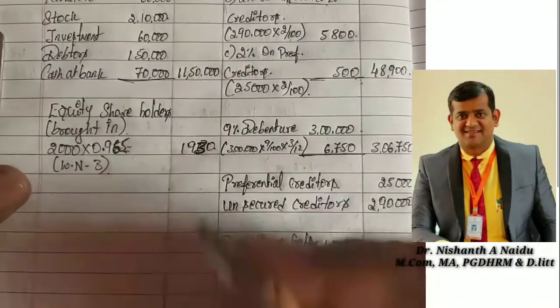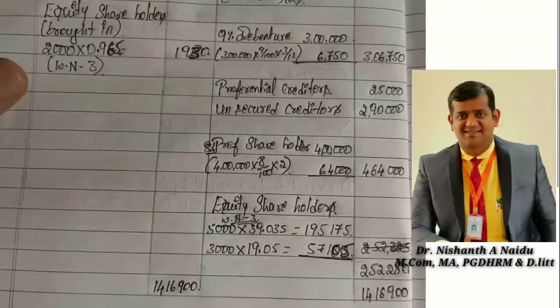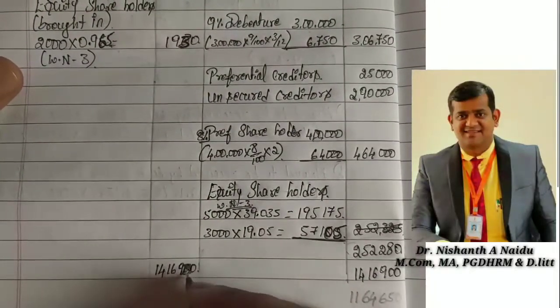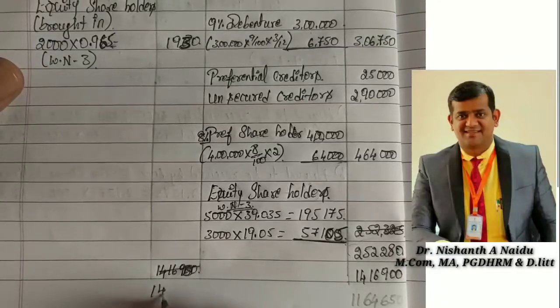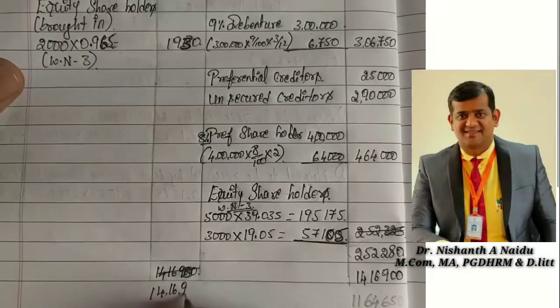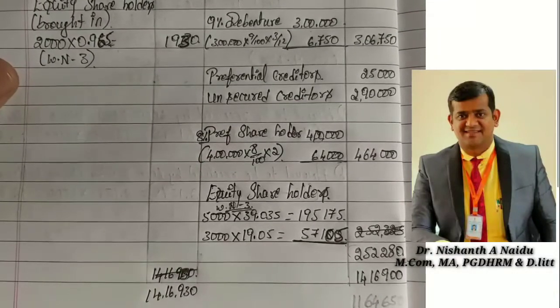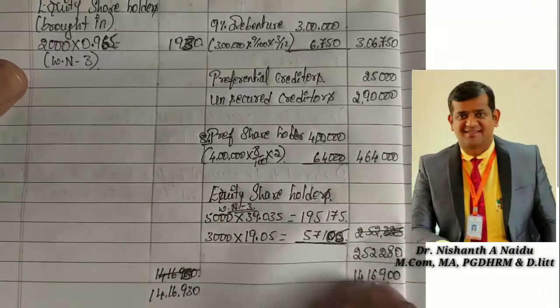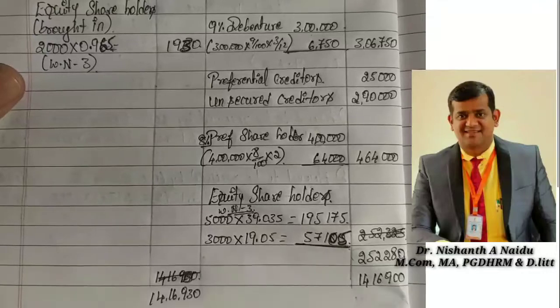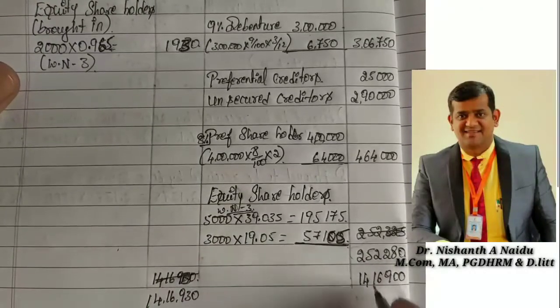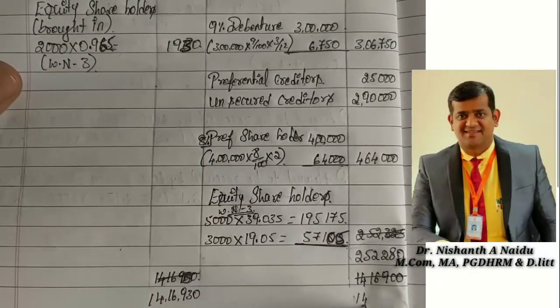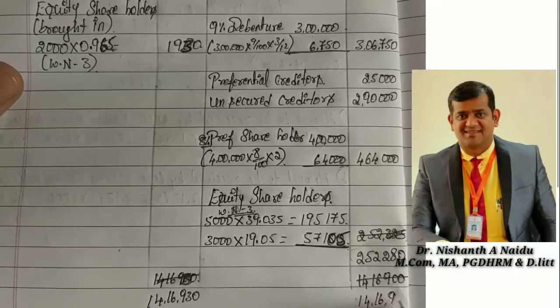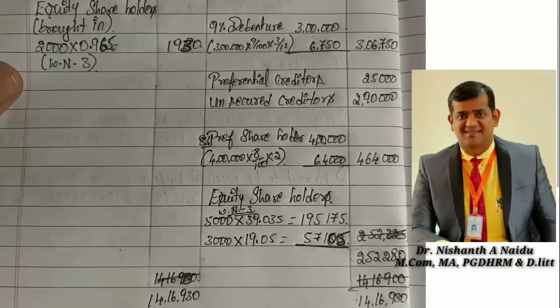So 1,930 means 30 rupees has increased. 14,16,930 is the total. Okay, so here also the same total will come, 14,16,930 on both sides.